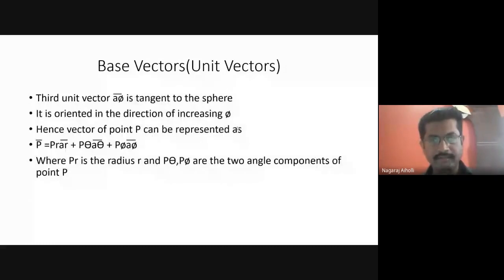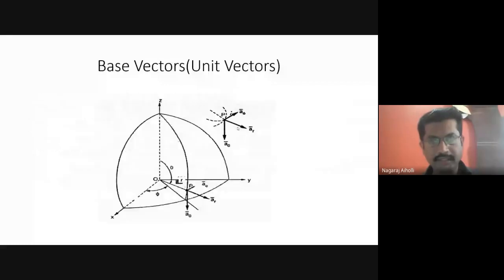We can see in this figure, this is our point P. This point P has the radius, so it is directed radially outwards. The radius is R, and the unit vector is AR bar, which is directed radially outward from the origin. Then A theta bar is perpendicular to the spherical surface, and it is directed in the direction of increasing angle theta.